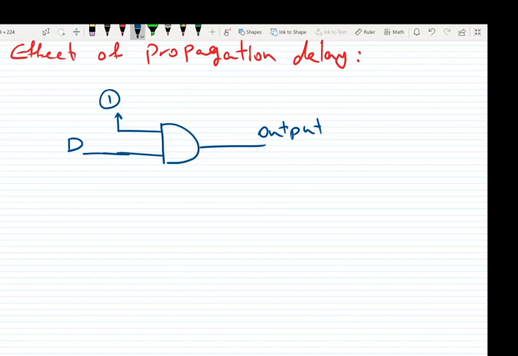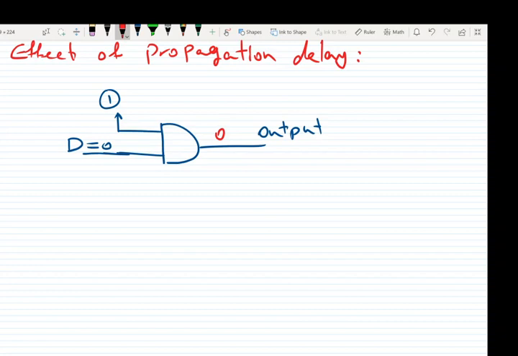Let's say in the initial state the input is 0. We know that in the AND gate, the output is 1 if both inputs are equal to 1. So here the output is 0 because one of the inputs is 0 and the other one is 1.